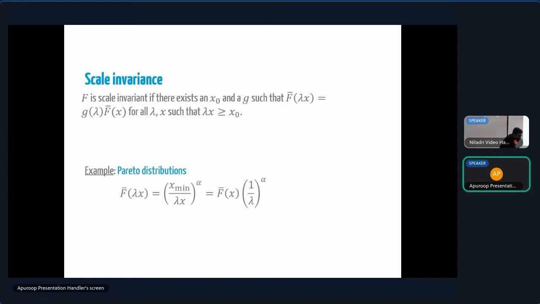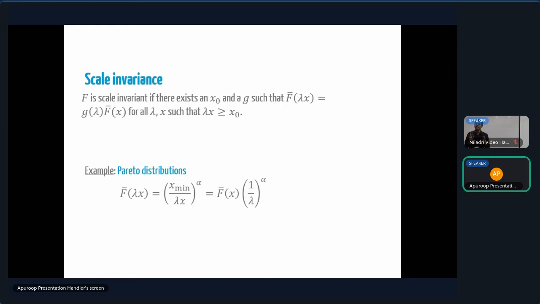It turns out that a distribution is scale invariant if and only if it is Pareto. Now, this is not very precise. The formal statement is that a distribution is scale invariant if and only if there is a certain point x naught beyond which the CCDF is of the form c times x raised to minus alpha. So after a certain point, it has to be an exact power law, by which I mean some constant times x raised to minus alpha.